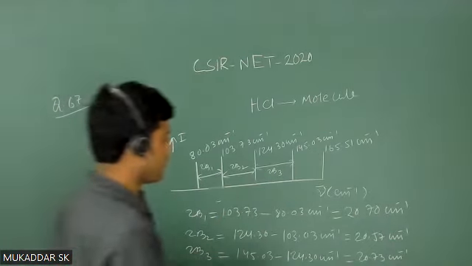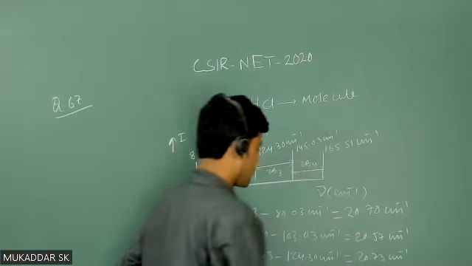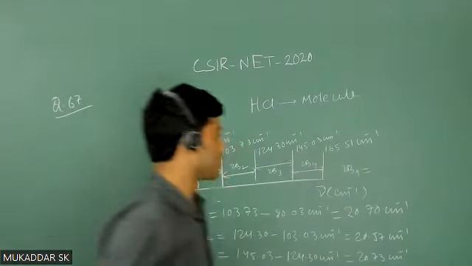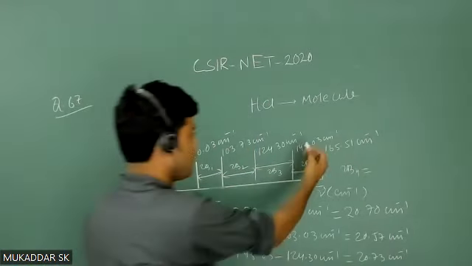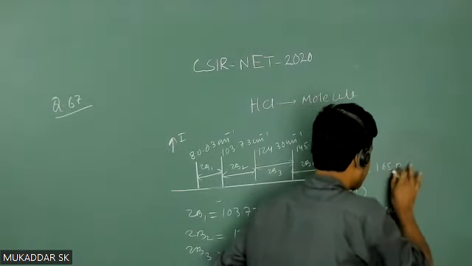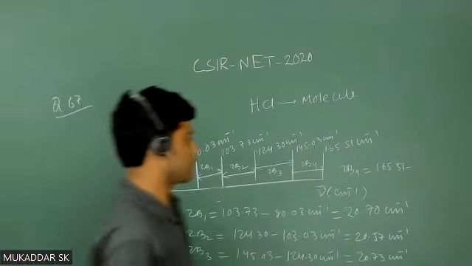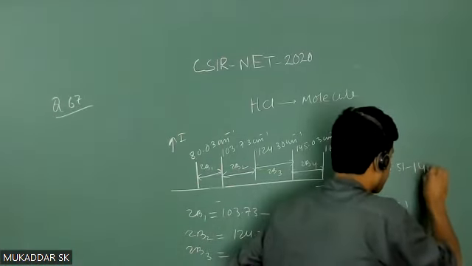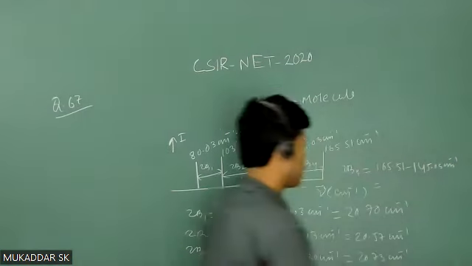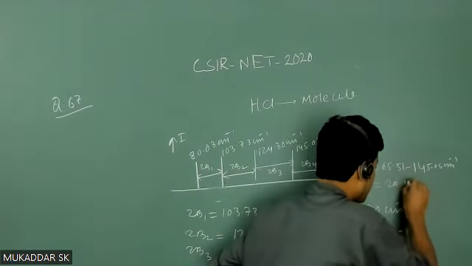And lastly, if you calculate this separation, twice B4, that will be nothing but the location of this line, 165.51, minus 145.03. Of course, the unit here is centimeter inverse. Now if you calculate this number, you'll have 20.48 centimeter inverse.